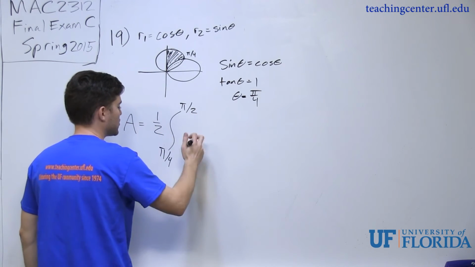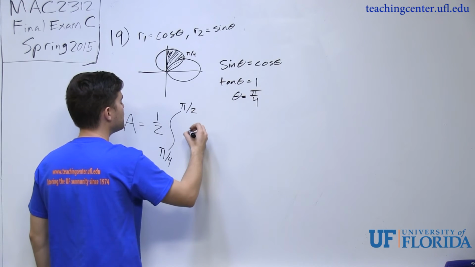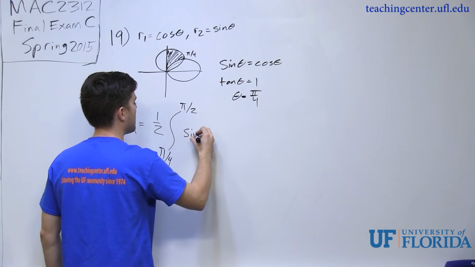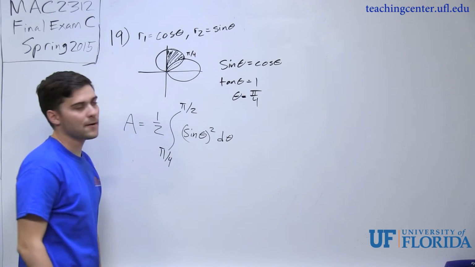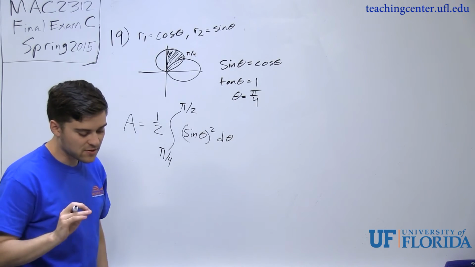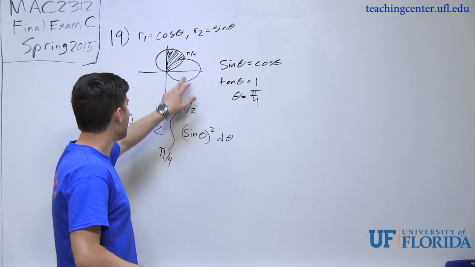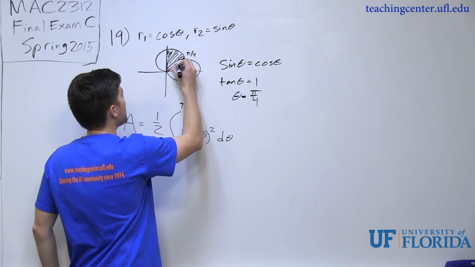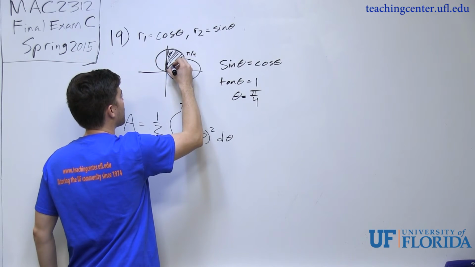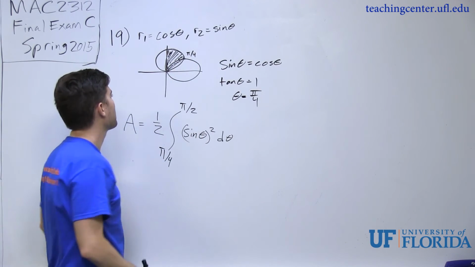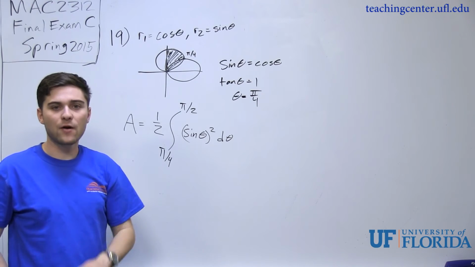So the area I'm looking for is the integral of r2 squared, which is sine of theta quantity squared d theta. But there's a problem: when I sweep along there to get all that area, I also get all this area that I don't want. How do I get rid of that area?